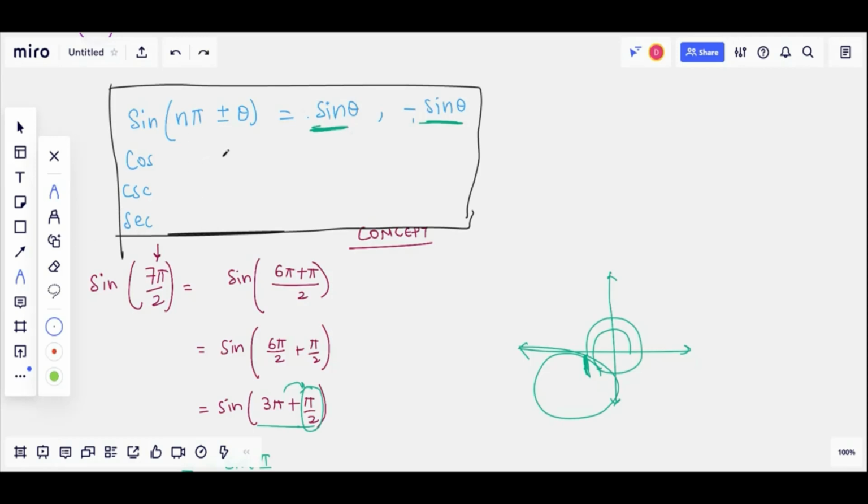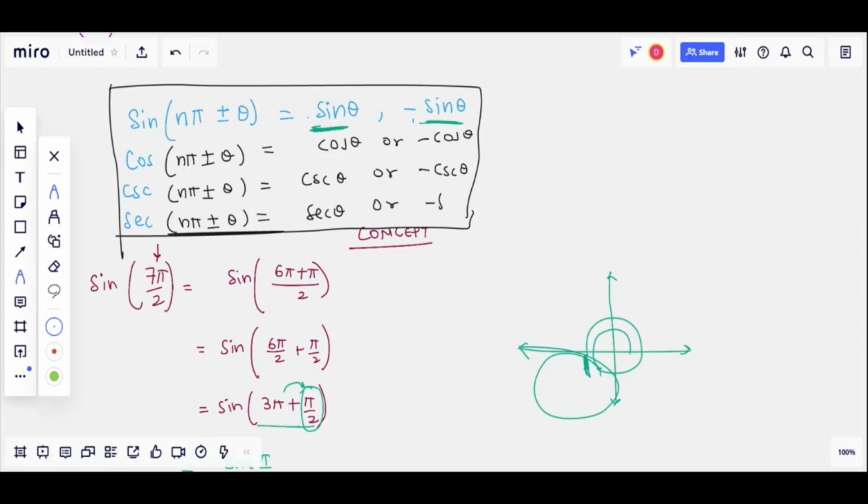So I will also complete this table, because cos of n pi plus minus theta will also be cos theta or minus cos theta, and likewise we have cosec n pi plus minus theta is either cosec theta or minus cosec theta, and sec of n pi plus minus theta is also either sec theta or minus sec theta. Always remember that n is an integer, and most important thing is theta is any angle.